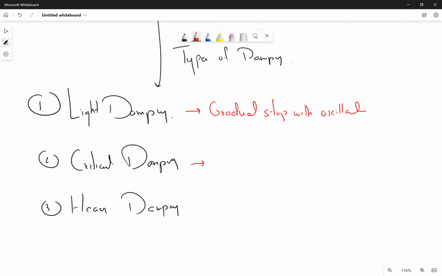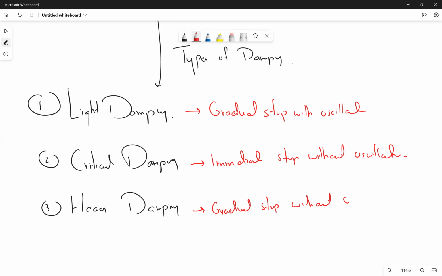That is, stopping all at once. There are no oscillations, no process of slowing down. So it's an immediate stop without oscillations. And heavy damping is a gradual stop again, but no oscillations. Gradual stop without oscillations.